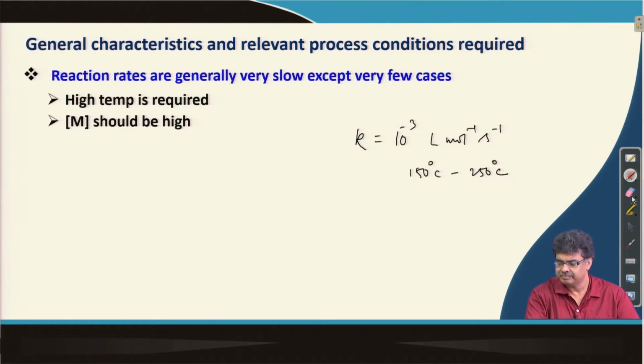So, this is quite a slow reaction process. There are a few examples like reaction between acid chloride with alcohol or amines that are quite faster, but in general the reaction rate is quite slow.